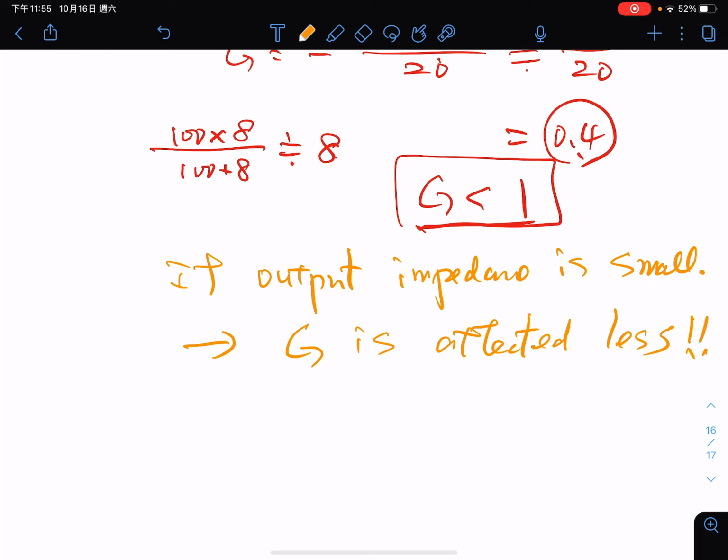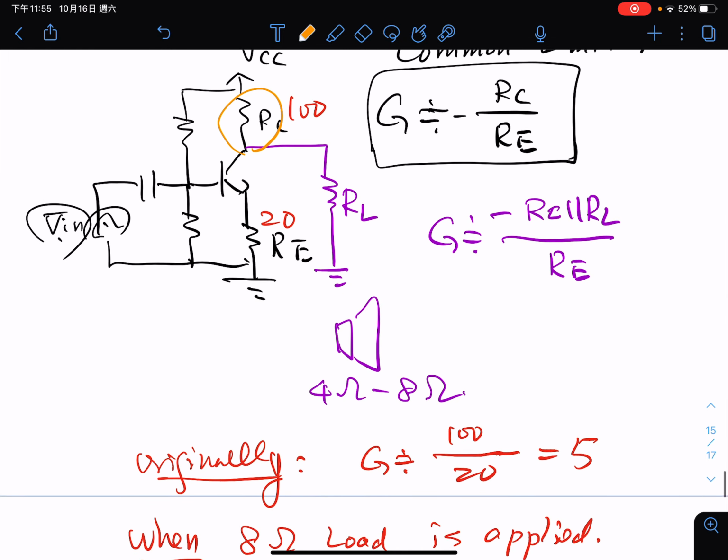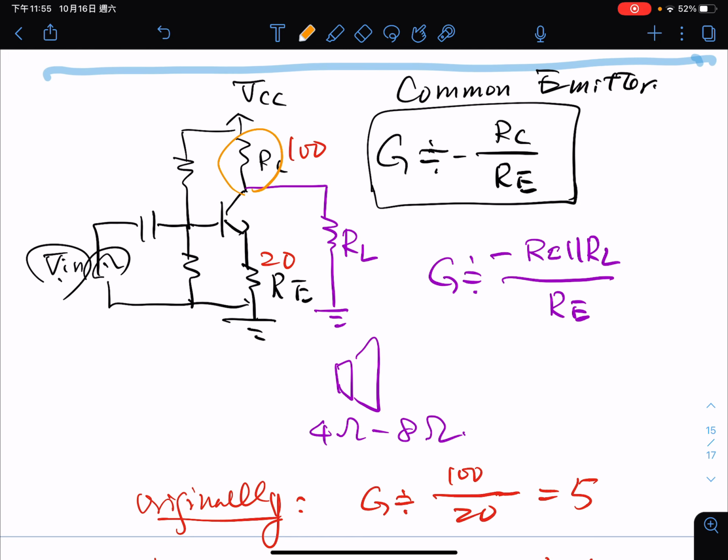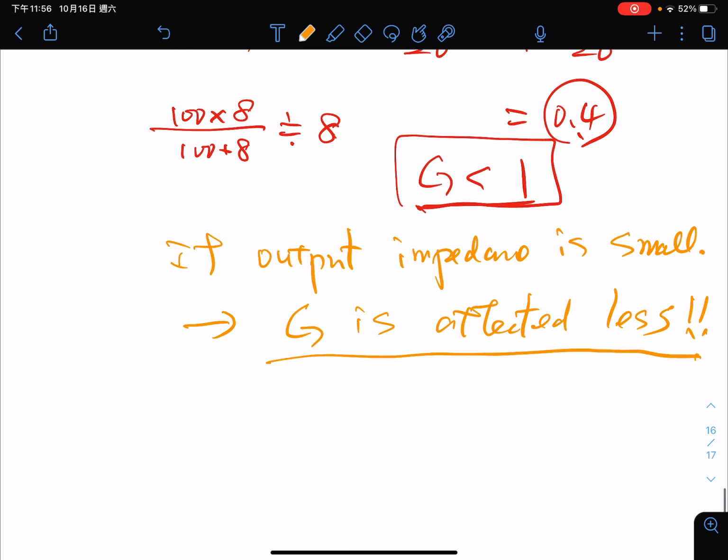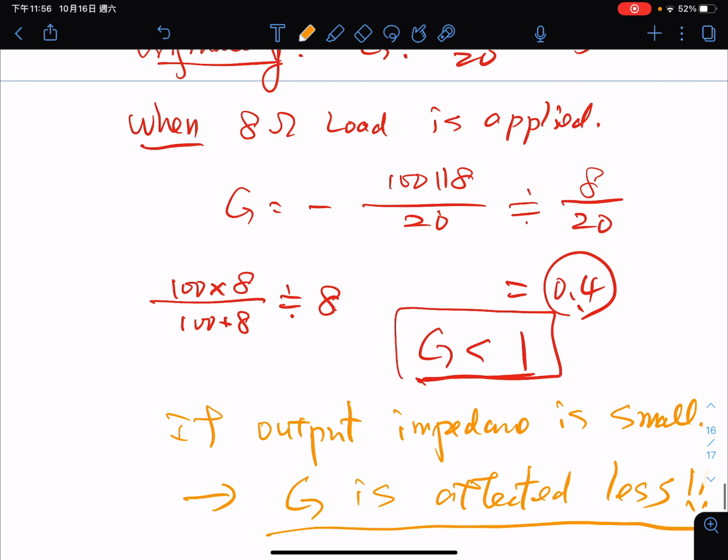This is important. Okay. So for this kind of circuit, for the common emitter circuit, it's definitely not suitable to drive an 8 ohm load.